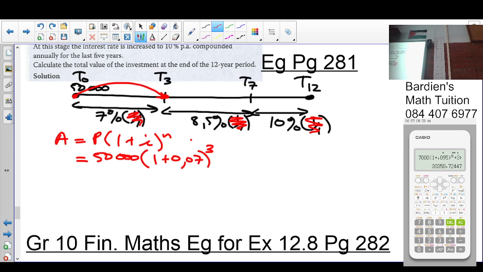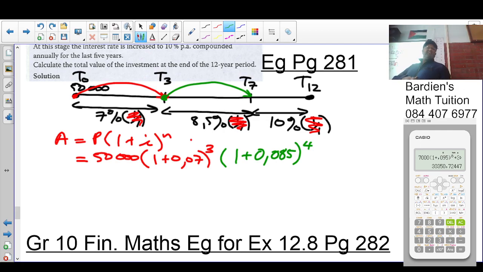Then what happens to that principal? There is an interest, yes? For 4 years. Can you see that, people? So that's your principal times, if I draw this interest factor here, what would it be? 1 plus 0.085 to the exponent 4 years. You understand? I'm moving too slow. Yeah, I'll move a bit faster.